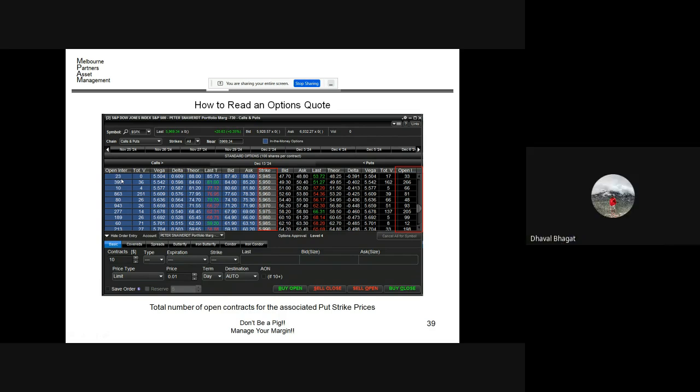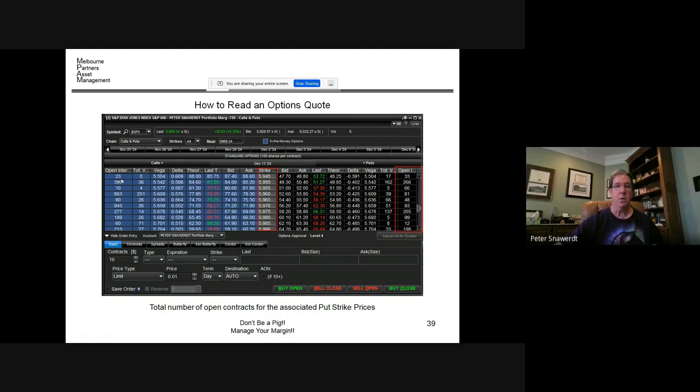And the day I sell that option that I bought, open interest will also come down by 1? No, not necessarily, because there's metadata associated with the options that you don't see.